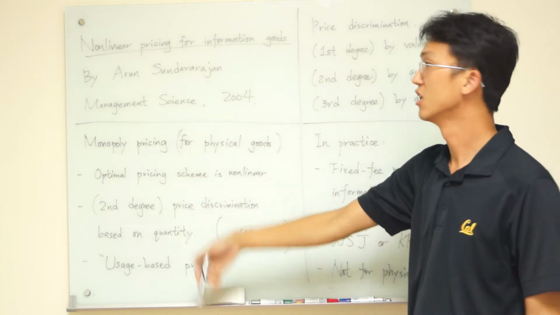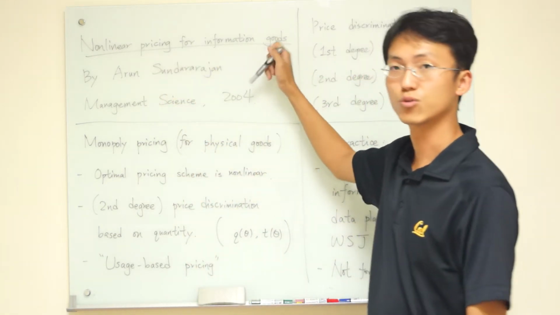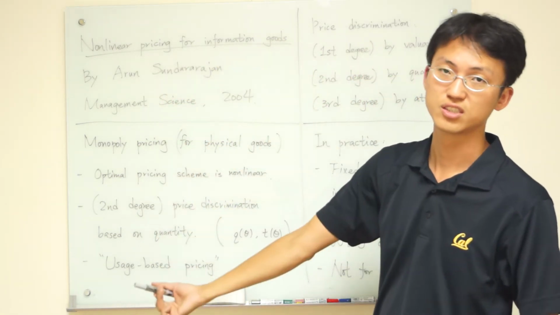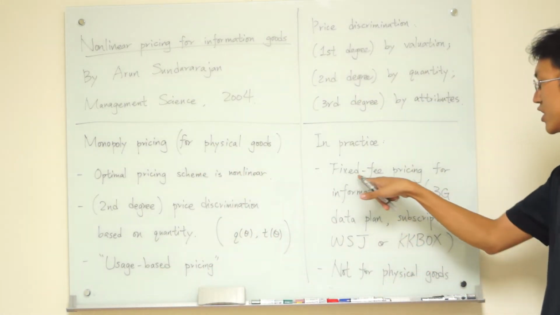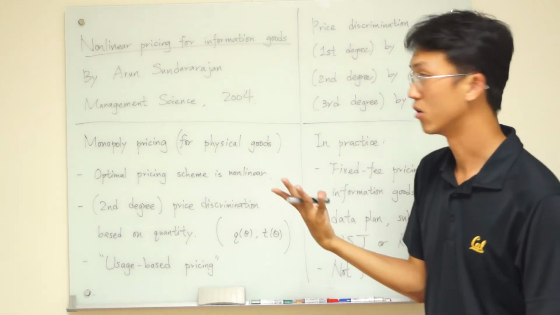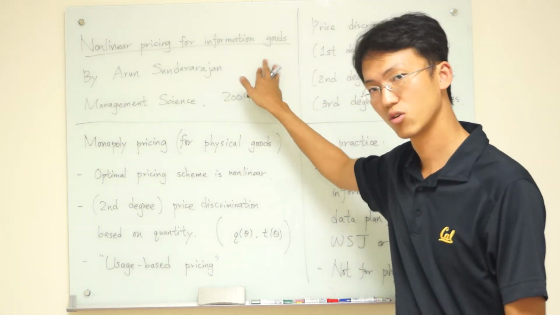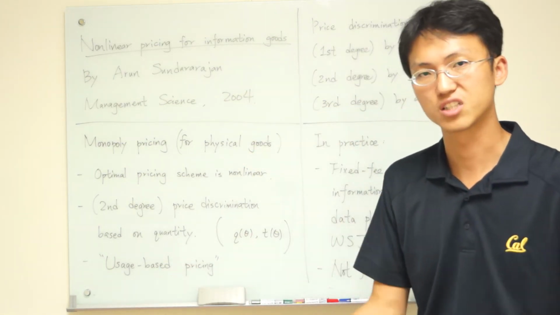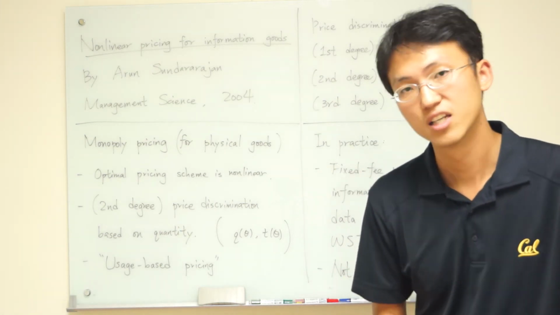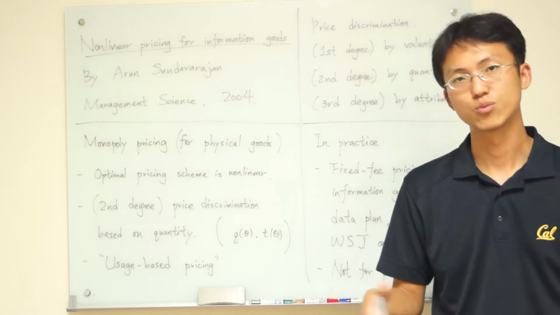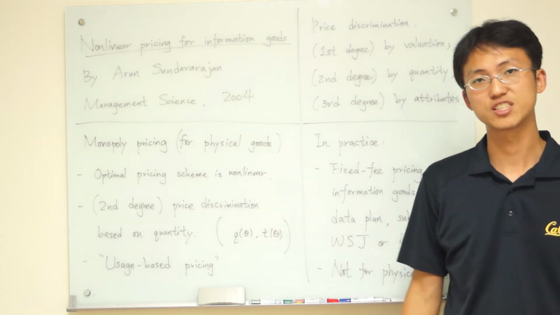We want to ask, what's the best way to price information goods? Is it really true that fixed fee pricing is optimal for information goods, or we are just misleading ourselves by using a wrong pricing plan? Okay, so that's the typical case when we are asking these kinds of research questions.